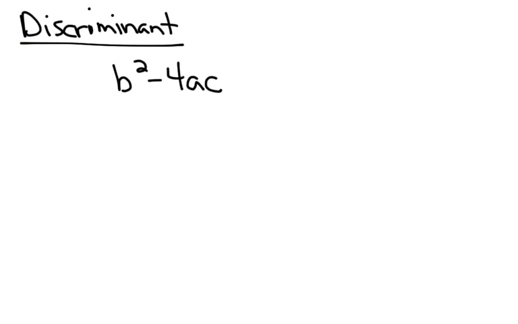The expression that's under the square root sign in the quadratic formula is known as the discriminant. The discriminant is important because it'll tell you how many and what type of solutions you have before you ever do the problem. So if b squared minus 4ac is greater than 0, you're going to get 2 real solutions every time.